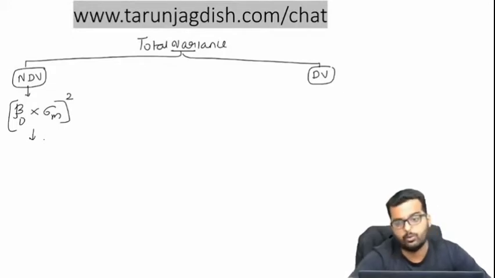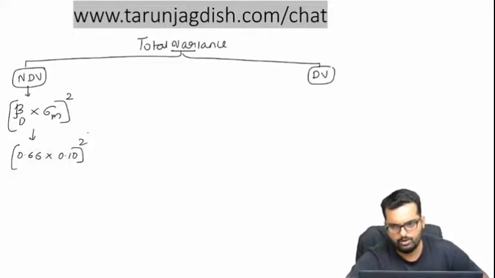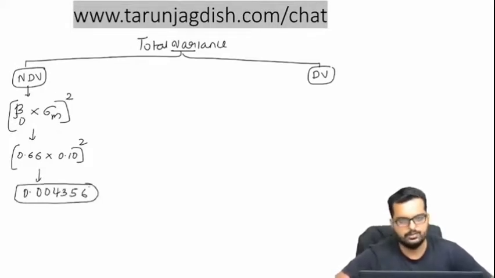Here we will do a whole square also. That's the only difference. So what is the beta overall? I got 0.66 into standard deviation 0.1, the whole square. Do I get the answer as 0.004356? This is the first answer.